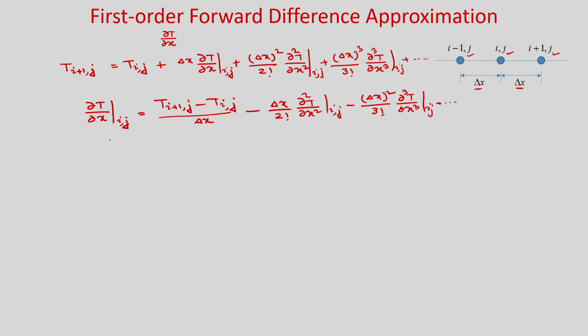So, you can see your del T by del x can be represented using the forward point T I plus 1 j and T I j.